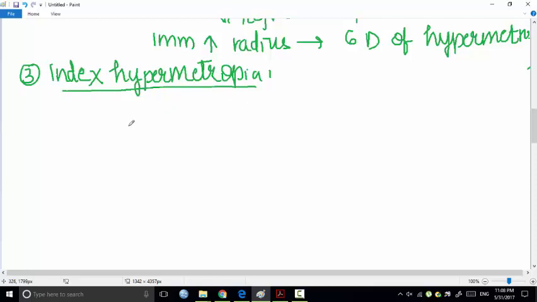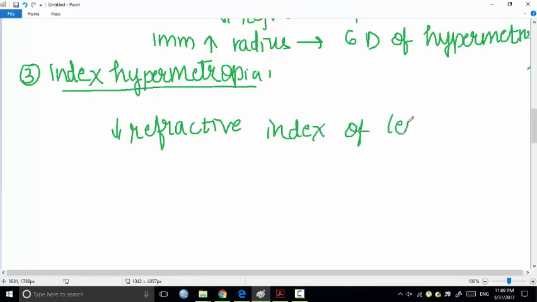Here there is a decrease in the refractive index of the lens. This index hypermetropia generally occurs in old age, due to cortical sclerosis.